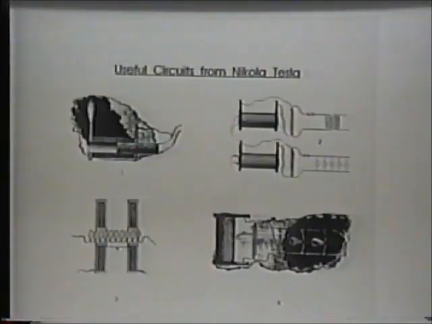Okay, we go to drawing number 2 there. If you've ever wanted to know how Tesla lit incandescent light bulbs and how he powered transformers to run motors and do other sorts of things, you have the basic circuits for doing that. In this particular case, the Tesla coil is built laying on its side, and the L1 coil is in the center of it, and it moves in and out.